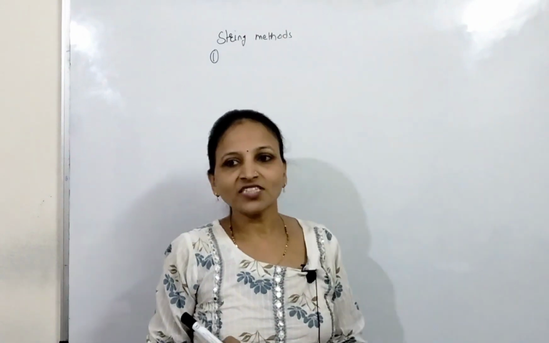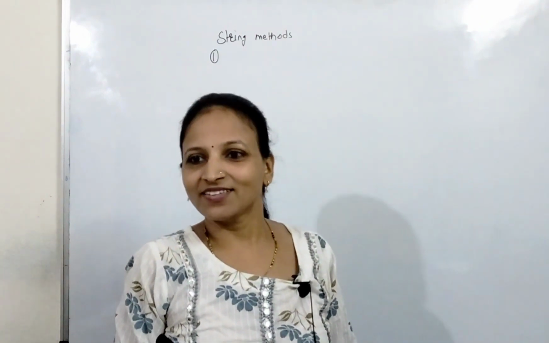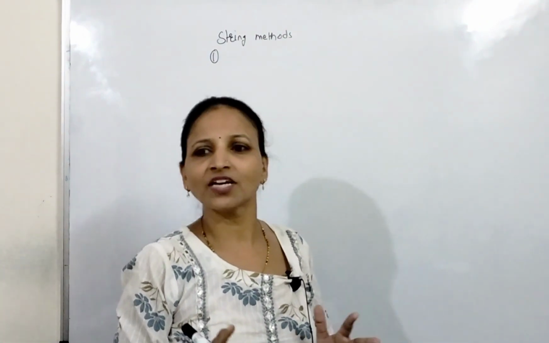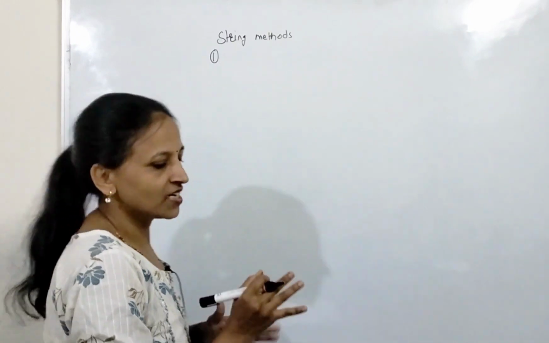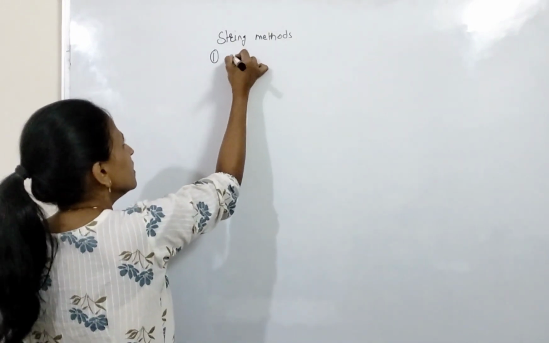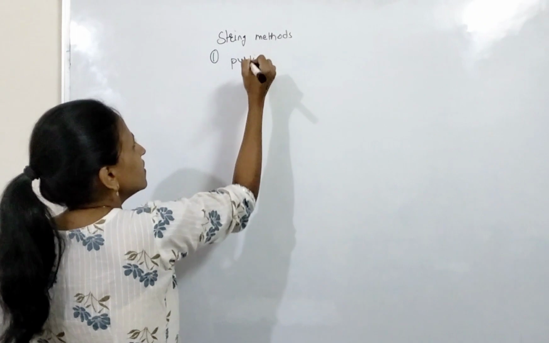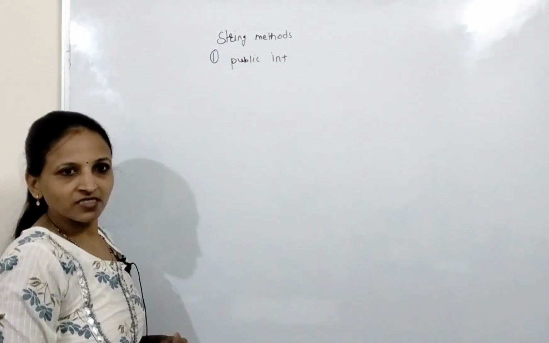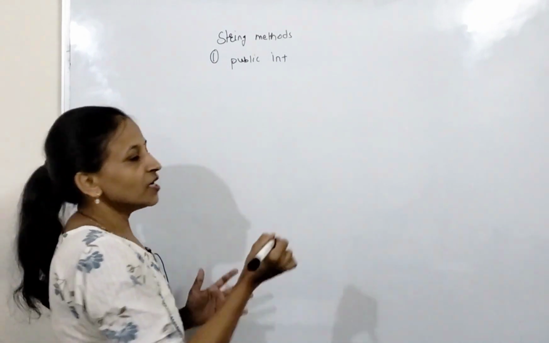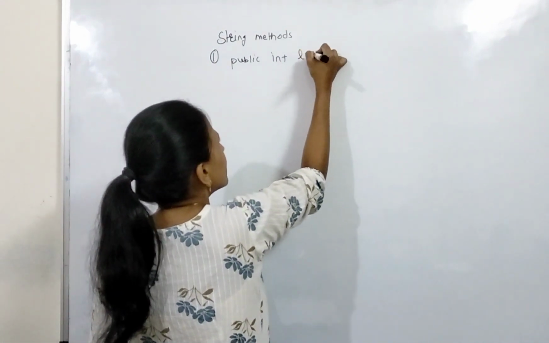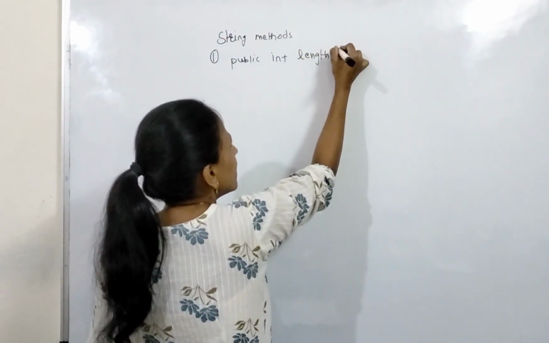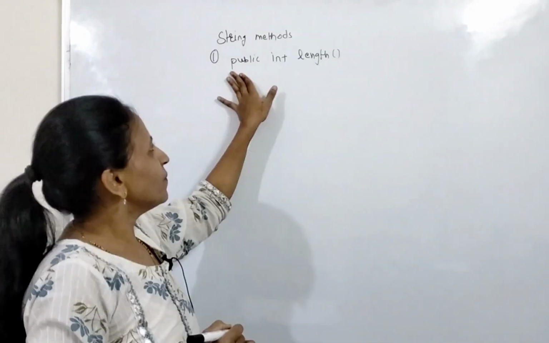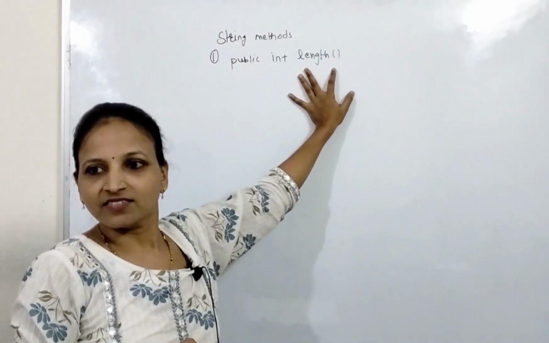Now the first method is the length method. The length method will give you the number of characters in that string. It is public int length: int is the return type, of course, and the method name is length.